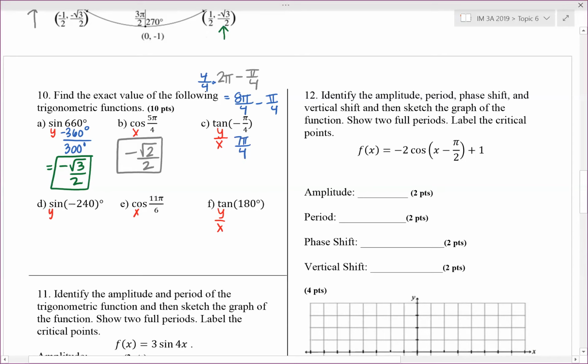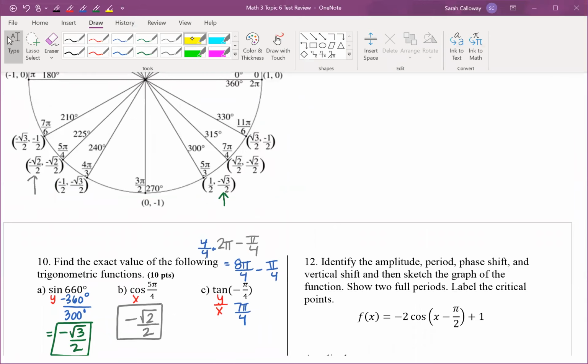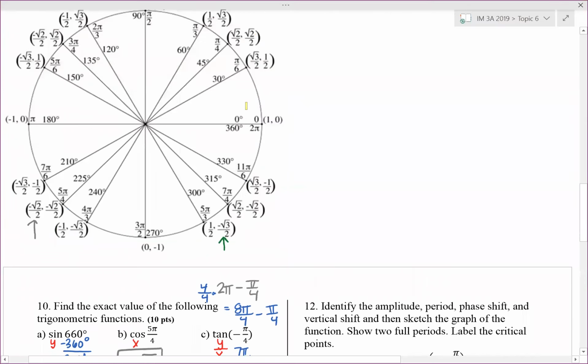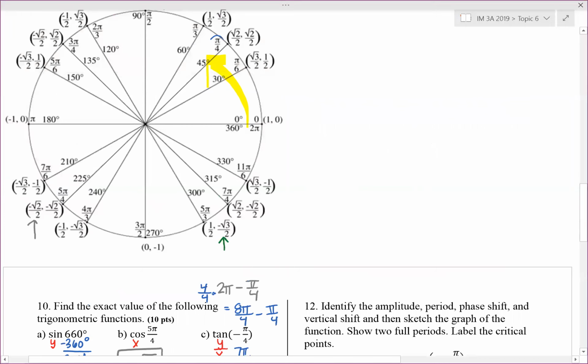Remember that I didn't have to necessarily do that as long as I know what pi over 4 looks like positive. So if this is positive pi over 4, remember that a negative angle is just the reflection. So if I see pi over 4 here and I reflect this point, it gives me the 7 pi over 4 as well. So I'd reflect it across the x-axis to find the negative value.